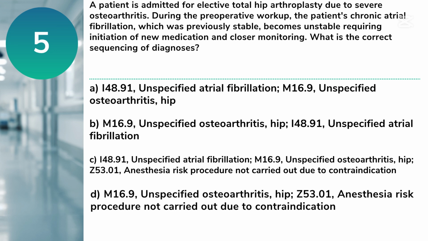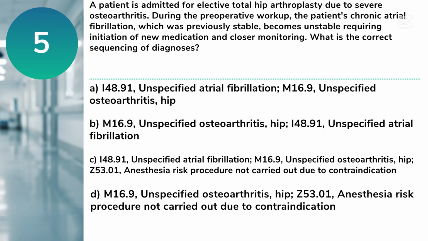A. I48.91, unspecified atrial fibrillation, M16.9, unspecified osteoarthritis, hip. B. M16.9, unspecified osteoarthritis, hip, I48.91, unspecified atrial fibrillation.